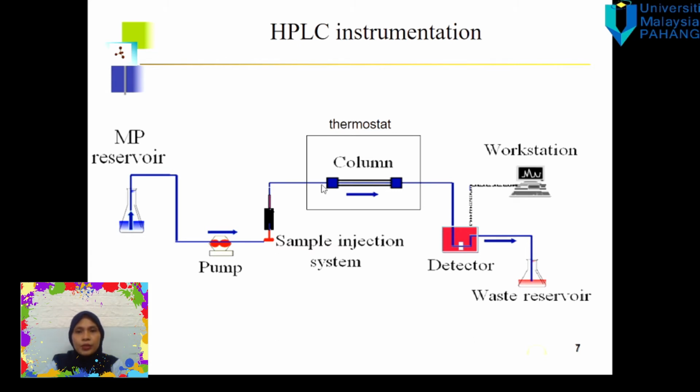Both the mobile phase and the sample pass through the column, and based on different interactions with the silica gel inside the column, they produce different peaks, which are detected by the detector, and the peaks come up in the chromatogram. The mobile phase then goes to the waste reservoir. This is the schematic diagram for HPLC.